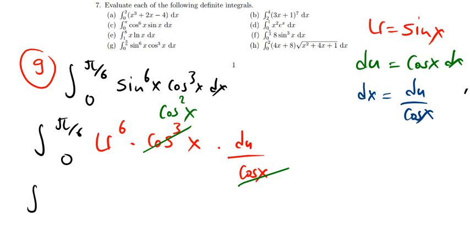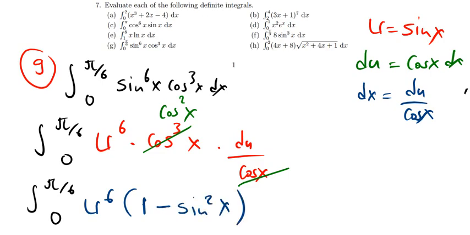So we have the integral of u to the power 6, and now this can be expressed as 1 minus sine squared of x, du. Now where there's sine, we can put our u, so it'll be u squared right there.